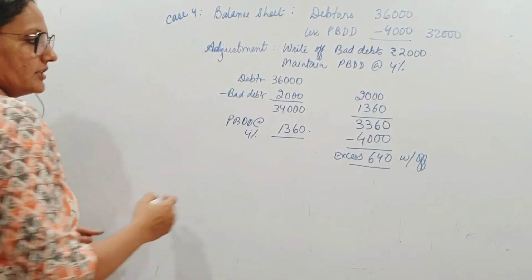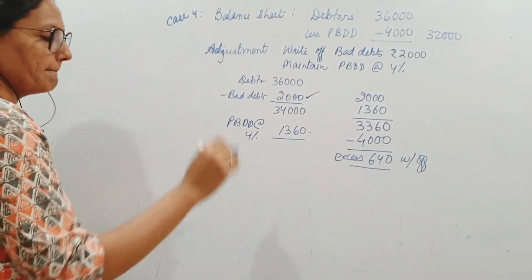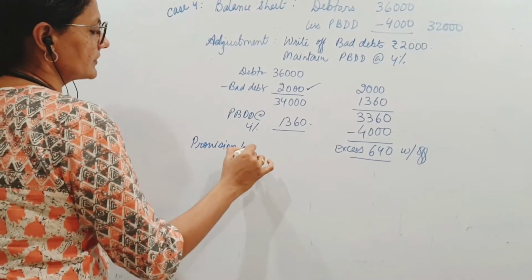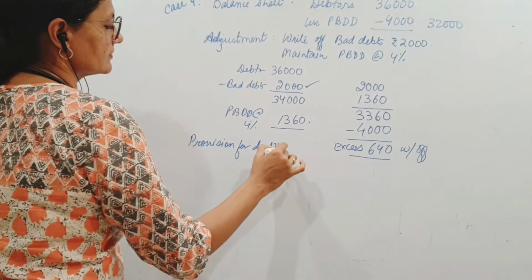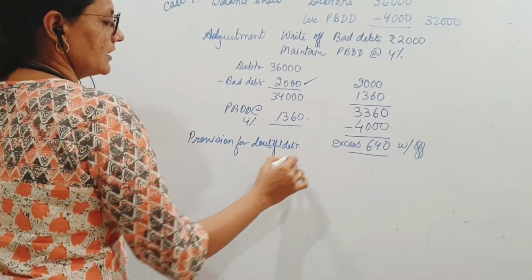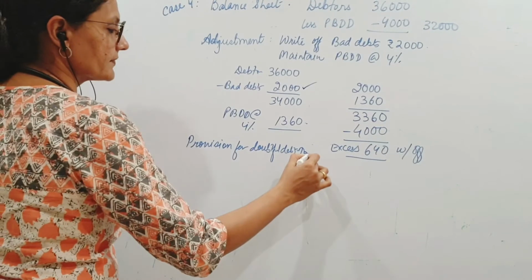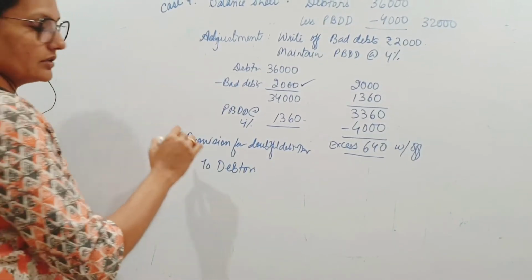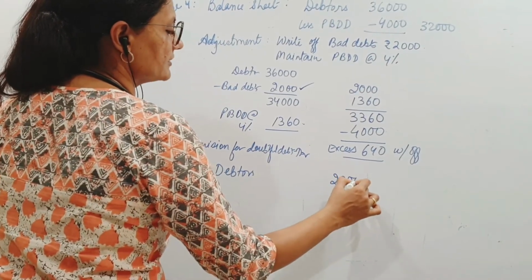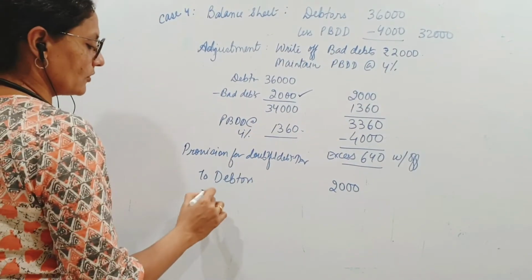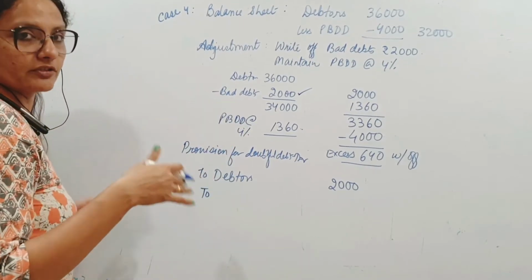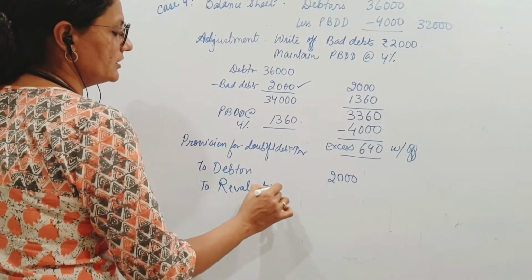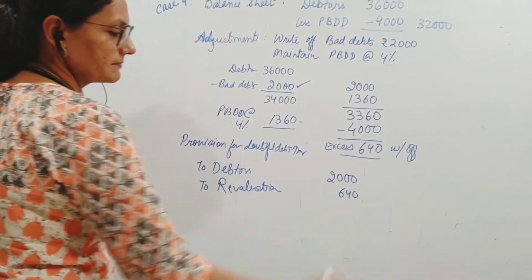So what is the journal entry? First thing, I have to arrange for this bad debts to be written off. So provision for doubtful debts, I will debit, okay, because I need to reduce the debtors up to the extent of bad debts, 2,000, and I need to write off, meaning I have to reduce the provision. It's again a gain for me, I'll credit revaluation for this, to reduce it by 640.